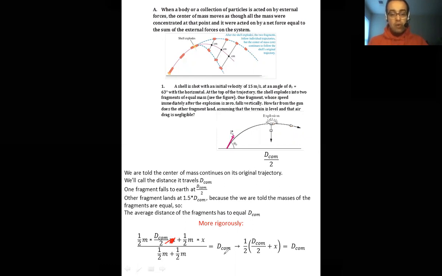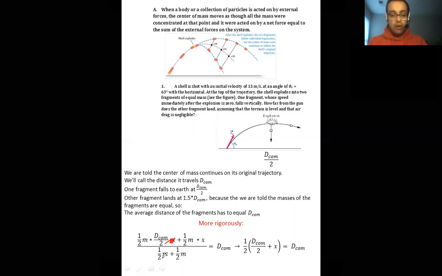So we now know that all of this, averaging, is equal to dCOM. We do a little bit of evaluation and rearranging, and we come up with 1/2 dCOM over 2 plus x is equal to dCOM.